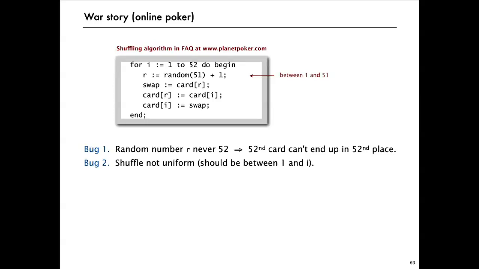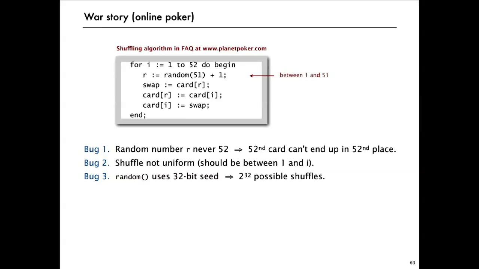Maybe that one's minor, but it also is picking a random card from the whole deck. And as we just pointed out, that's not uniform. Should be between 1 and I, or between I plus 1 and 52. Another problem is in this implementation that the random uses just a 32-bit seed.